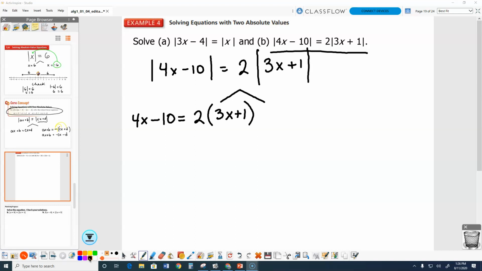Now I need to write the equation another time. So I'm going to copy the first one exactly as I see it. 4x minus 10 is equal to, now remember, we have 2 times the absolute value, but that second absolute value has to be multiplied by -1.